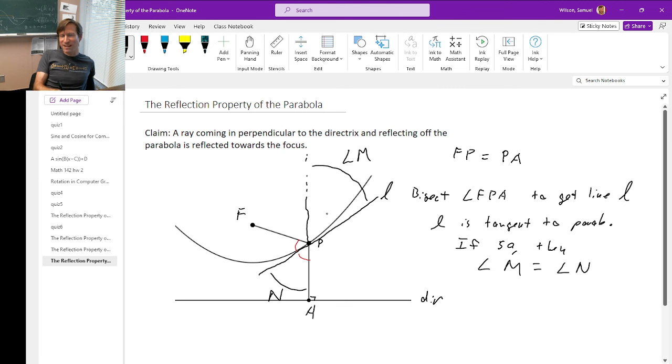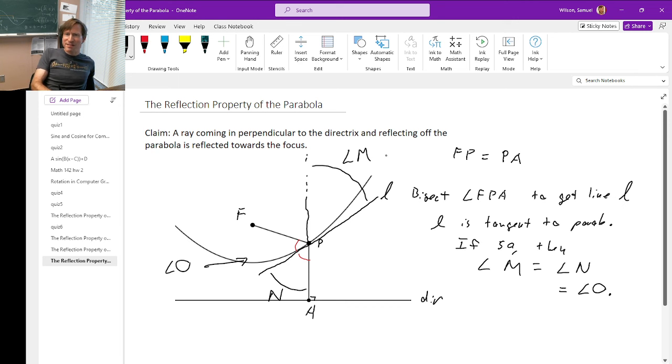Angles across an intersection of two lines are always equal to each other. But we already know, because of how we bisected the angle, that the angle N is equal to this outgoing angle, which I need to give a name. Let's call that angle O.